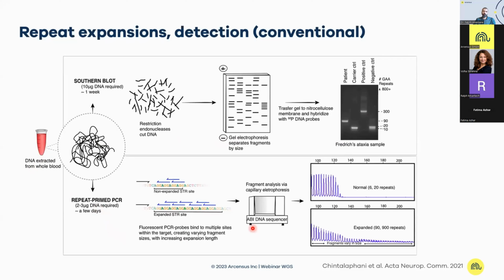And due to these fluorescent labels, the larger fragments would appear with a larger size. And different peaks would then appear, and if you have a repeat expansion, you would have specific patterns that demonstrate that there is a repeat expansion, as opposed to a normal situation where you don't have repeat expansion and you have smaller fragments.